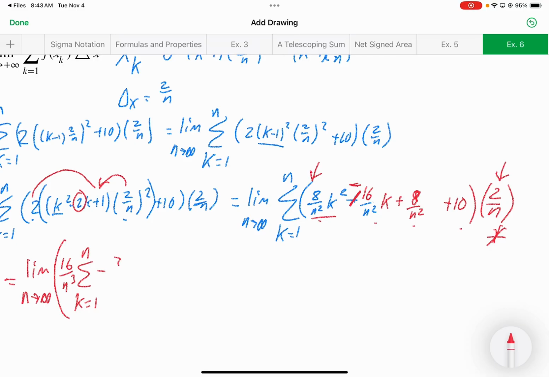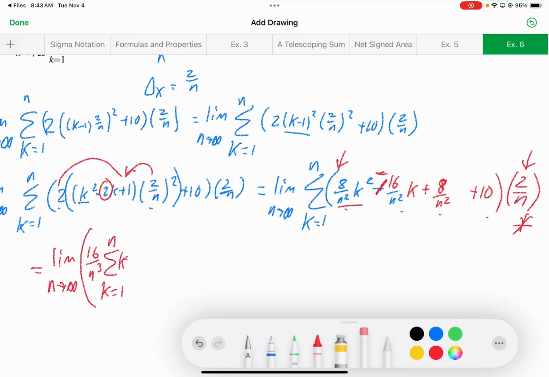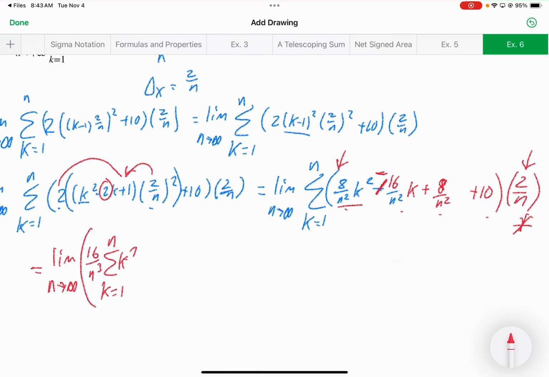All right, so then 32 over, oh yeah, I forgot the k squared, got it. Thank you. Okay, so then minus 32 over n cubed, sum from k equals 1 to n of k.